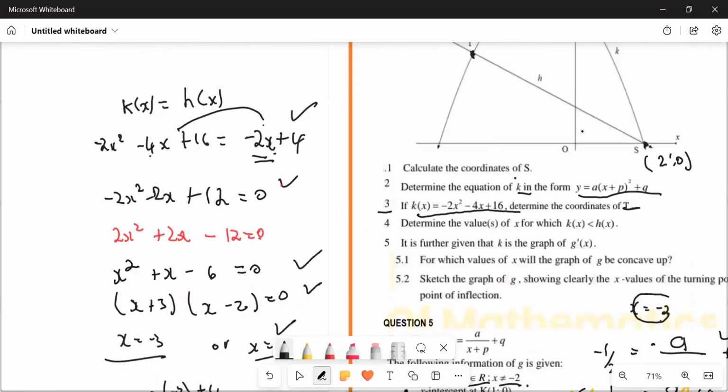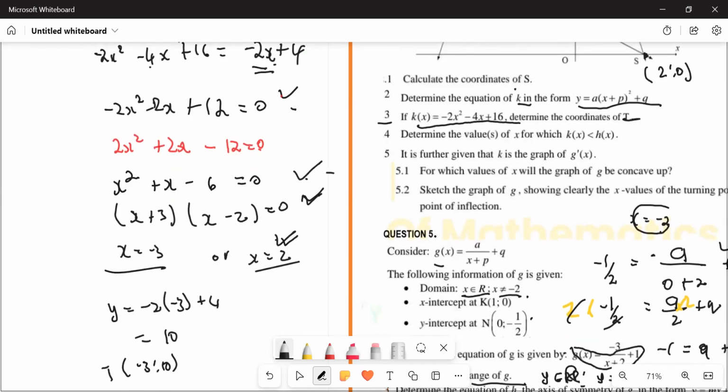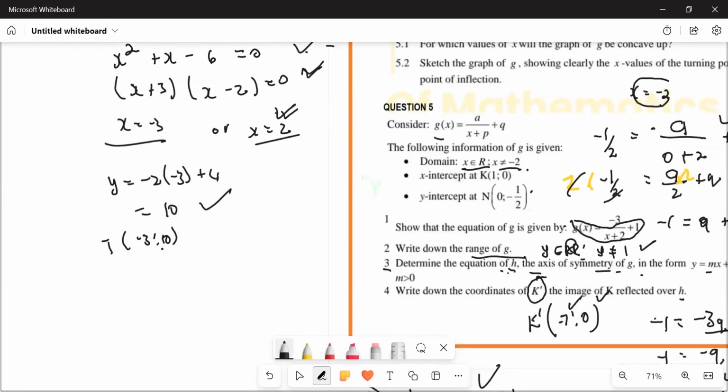Where do you get your 5 marks? Equating, the standard form, factorizing, both values of x, and the coordinates of T. All in all, you get 5 marks. You can say this one is not applicable for this question.